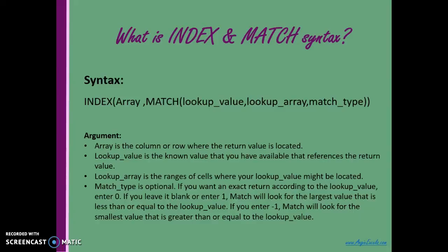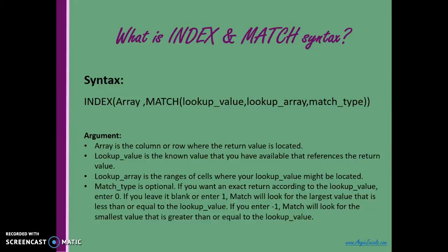Okay, so match, you need the lookup value, which is the known value that you have available that references the return value. What I mean by that is, for example, you need someone's phone number, right? And it's in your cell phone, it's in your contacts.